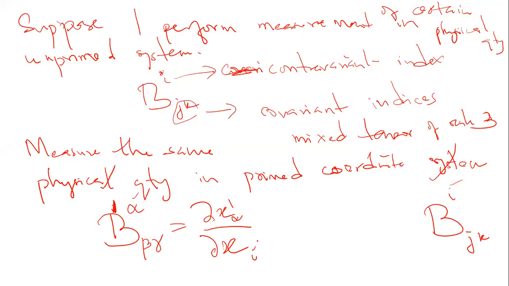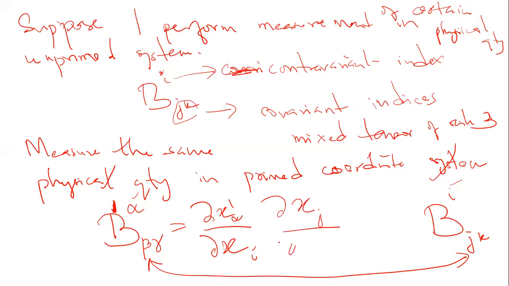Here beta and j are the corresponding covariant indices, in the subscript. So you can write the transformation coefficient corresponding to this as del x j over del x beta prime. Similarly, you can write the transformation coefficient for gamma and k as del x k over del x gamma prime.